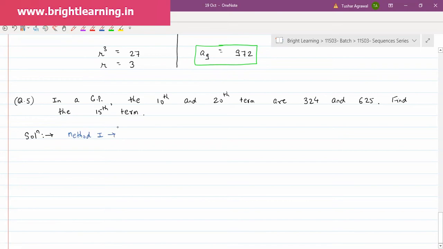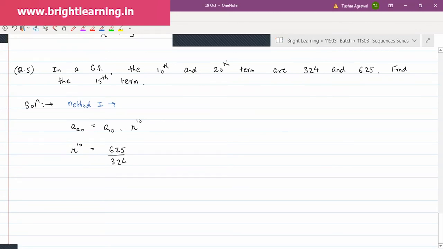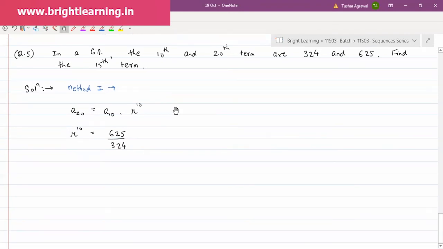Like the previous methods only, from the 10th term, it will be r raised to 10. 10th term into r raised to 10 will be the 20th term. So r raised to 10 will be equal to the 20th term upon the 10th term, that is 625 upon 324. Till here, I think both of you would have got the result.